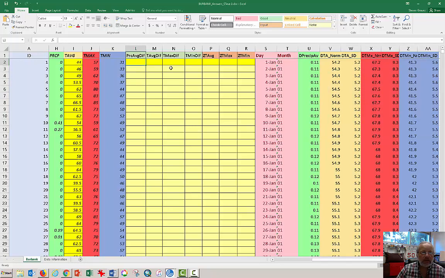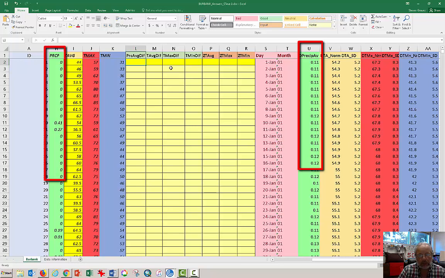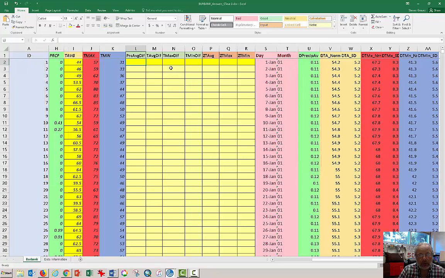So the first thing that we're going to do is to compare the precipitation on each of our observation days against the climate normal. This calculation is probably the least accurate of all because precipitation is highly variable in California, and so it's not surprising that you have many days with no precipitation.